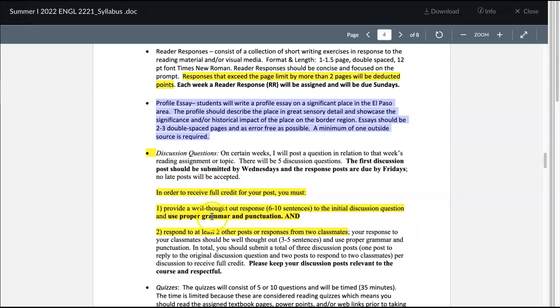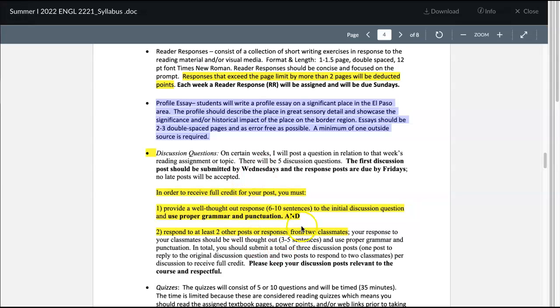And you also want to make sure that you reply to 2 other people. So basically the way this works is your first response is due by Wednesdays, and then you have until Friday to respond to 2 people. And the assignment is going to show up as due on Wednesdays, but like I said, you have until Friday to reply to the 2 classmates.